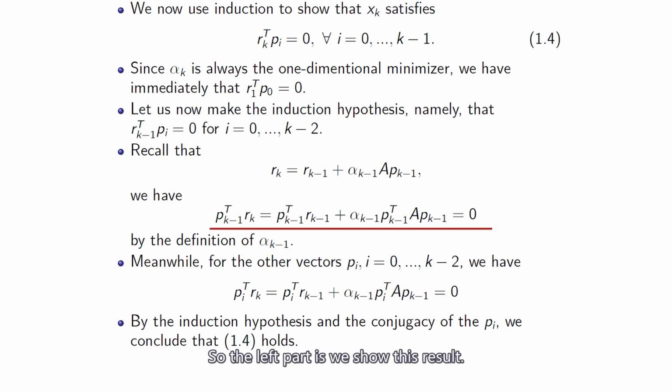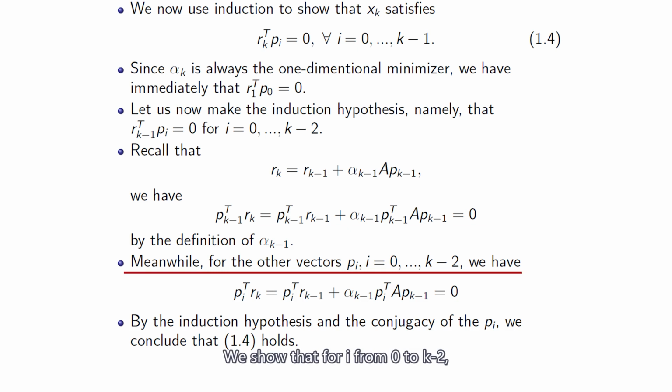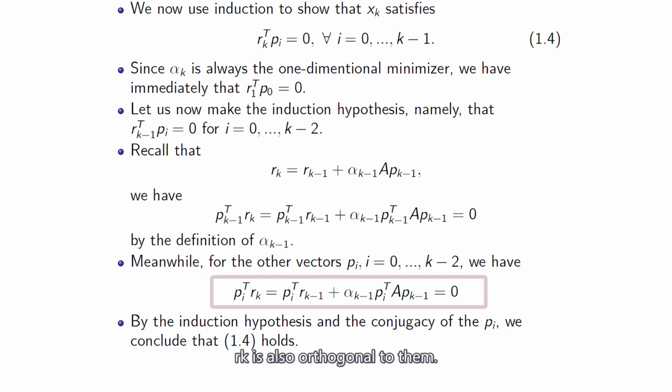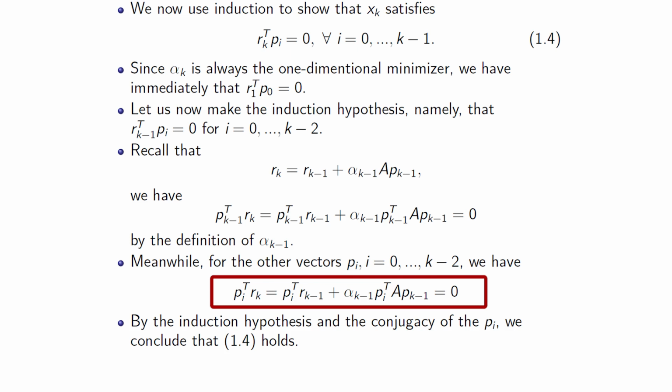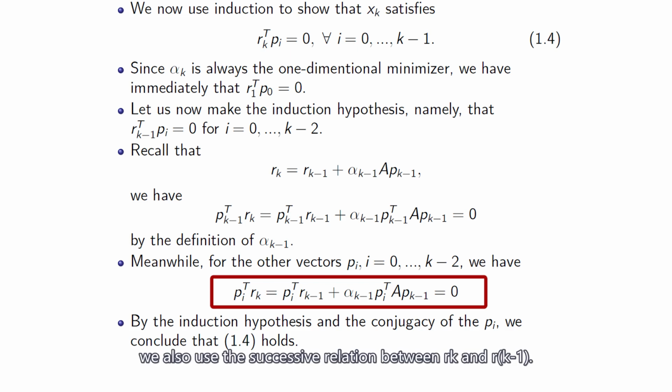So what is left is to show that for i from 0 to k minus 2, rk is also orthogonal to them. So how can we prove this? To show this, we also use the successive relation between rk and rk minus 1. So we substitute rk by the expression of rk minus 1 here, and we get the expression here.